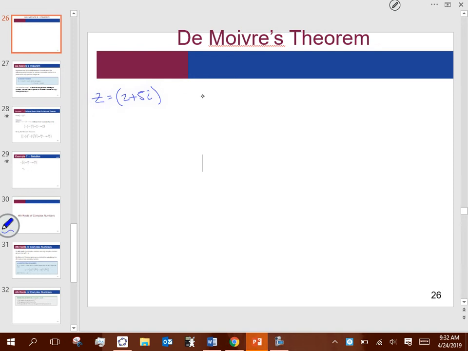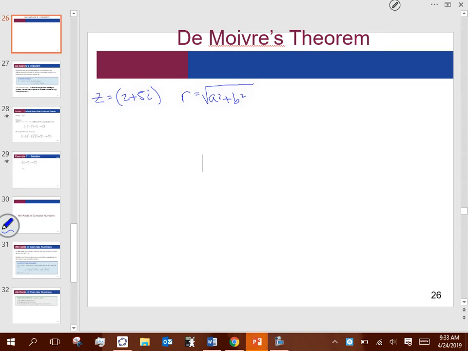So de Moivre's theorem, remember, said z had to be in polar form. So if z has to be in polar form, I have to find r. And if you remember, r is just the square root of a squared plus b squared. Now, remember, the a is the 2, the b is the 5, right? The i does not get placed into the r formula, okay?